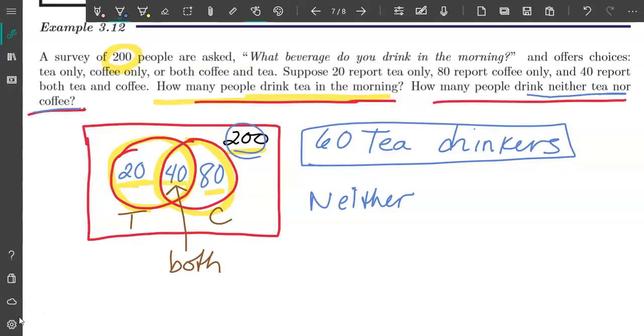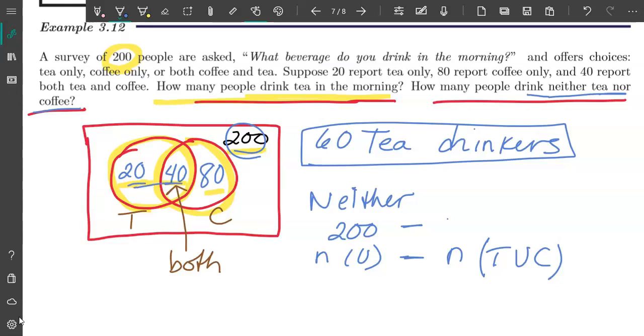So now figuring out how many people drink neither tea nor coffee, we have to use this number 200 there and then subtract everything that's in the circles. So we can take our U, the number in the universal set, and we're going to subtract the number of our union, T union C, tea or coffee, and that all together is our 20 plus our 40 is the 60 plus our 80 is 140.